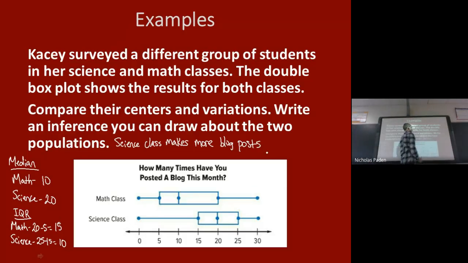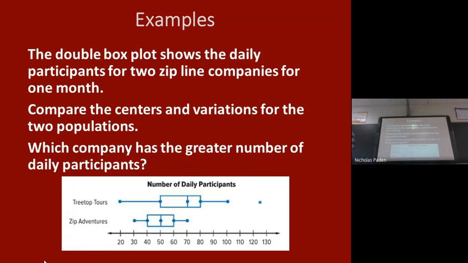Okay, so let's look at another one together. Hopefully it's a little bit easier once we've done a couple together. So the double box plot shows the daily participants for two zipline companies for 1 month. Compare the centers and variations for the two populations. So we'll do compare the centers. So let's compare the medians. I'll do it right here.